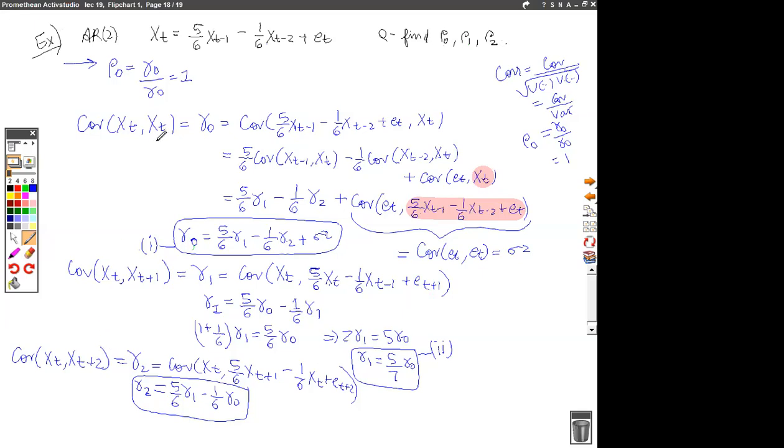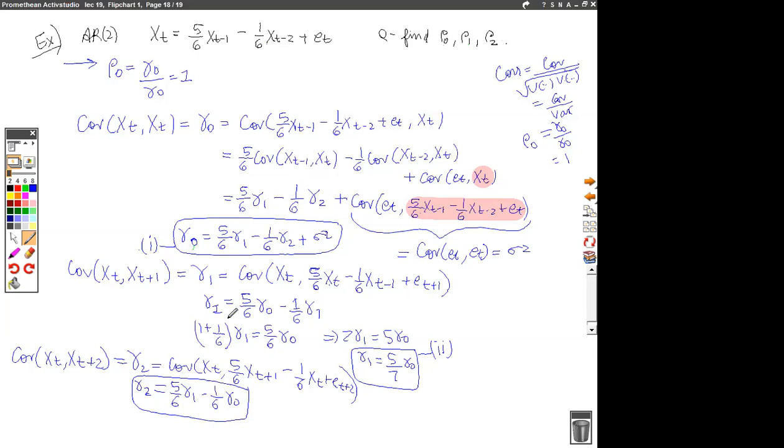So we take autocovariances with no lag, with 1 lag and with 2 lag, because we only have up until xt minus 2 here. And we write gamma 0, gamma 1 and gamma 2 in terms of each other. We do not sit and solve for this.